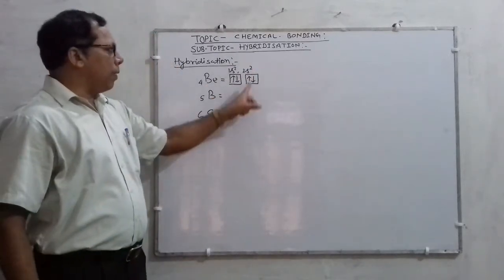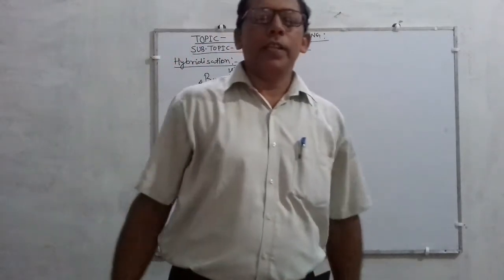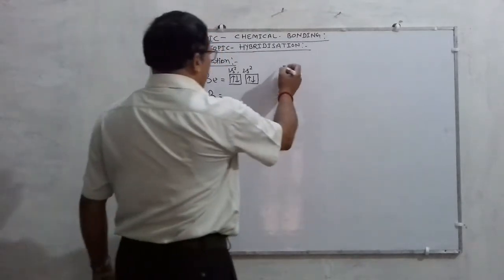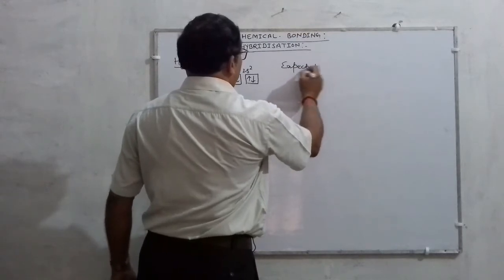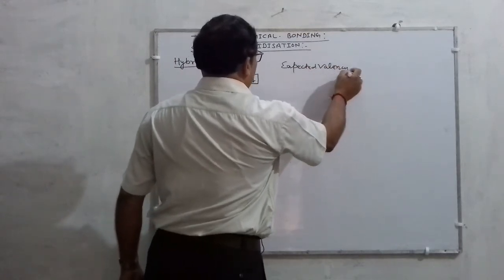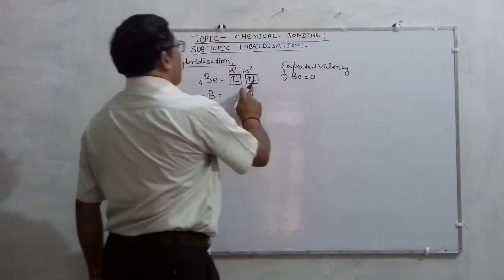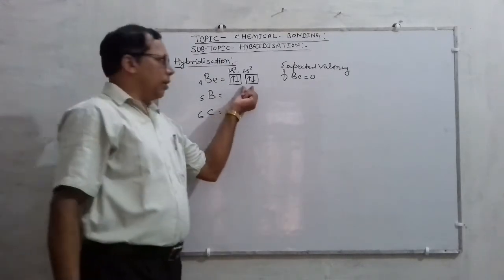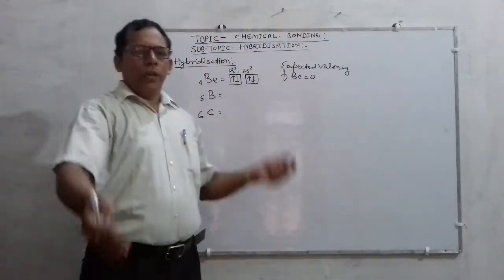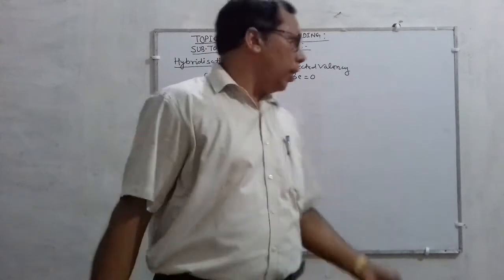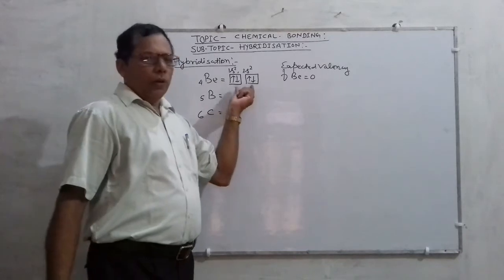According to valence bond theory, orbitals which are fully filled with electrons have valency 0. So the expected valency of beryllium is 0 here because it has a filled orbital. But as we know from valence bond theory, beryllium is divalent.